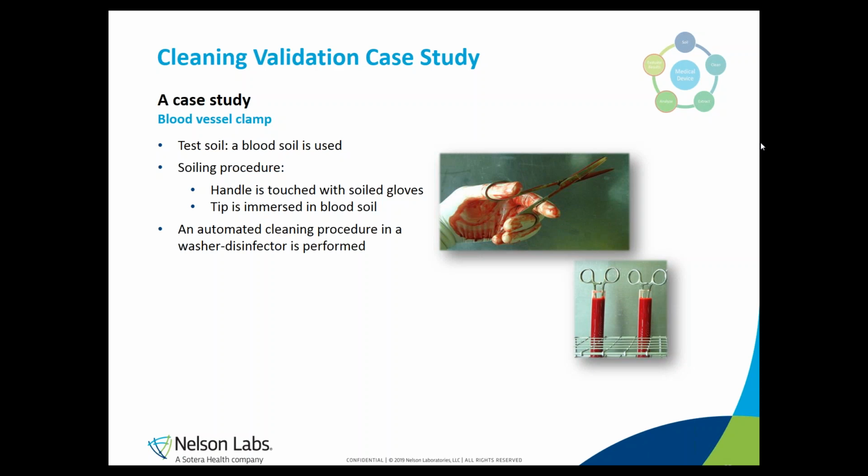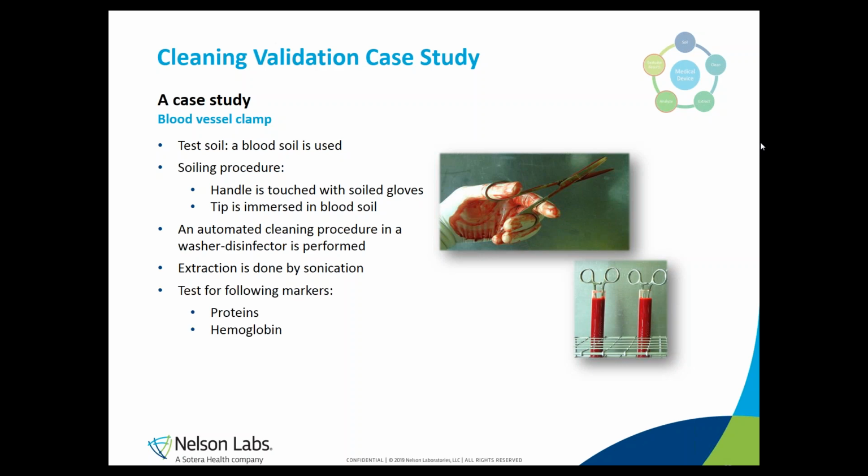As this device can withstand a washing cycle in an automated washer disinfector, we used an automated cleaning cycle to clean this device. After the cleaning procedure, the device was extracted by sonication and the extracts were tested for residues of the following markers.